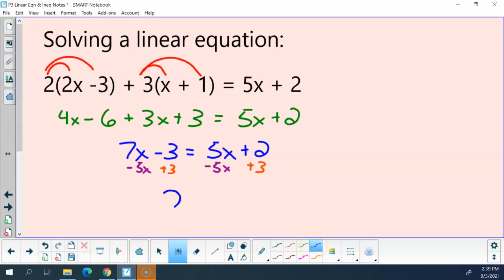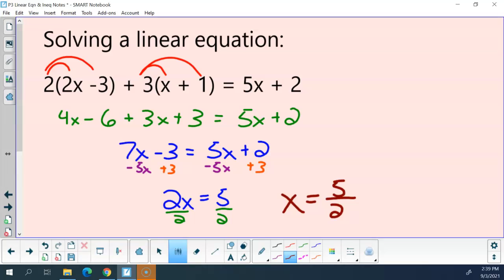So that's going to give you 2x equals 5. Then you divide by 2, and so I get x equals 5 halves. How do we know we're right? Plug it back in. Exactly. With an equation, you can plug it back in.